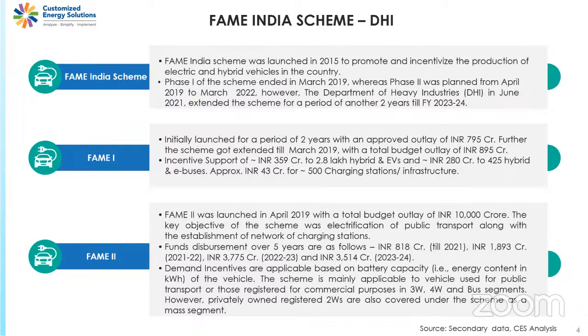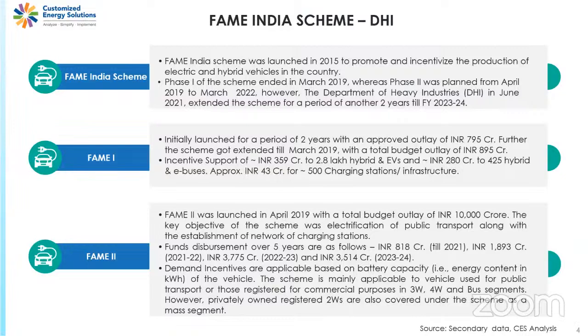In 2015, the FAME scheme was launched for 2 years, just to increase adoption and manufacturing of electric and hybrid vehicles, with a budget outlay of 795 crore. Let's call it the FAME 1 scheme. It was supposed to go on till 2017, but it got extended for 2 more years, and the budget was also extended to 895 crore.